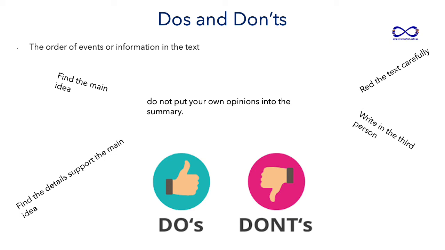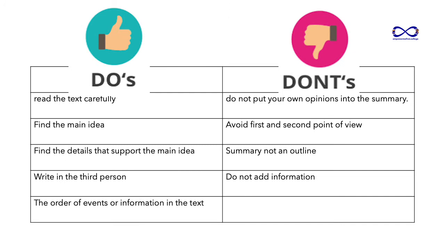So here we are going to look at the do's and the don'ts of summary writing. This is what you should do when writing a summary. Read the text carefully. Find the main idea. Obviously, you may get it from the summary question. Then you find the details that support the main idea.